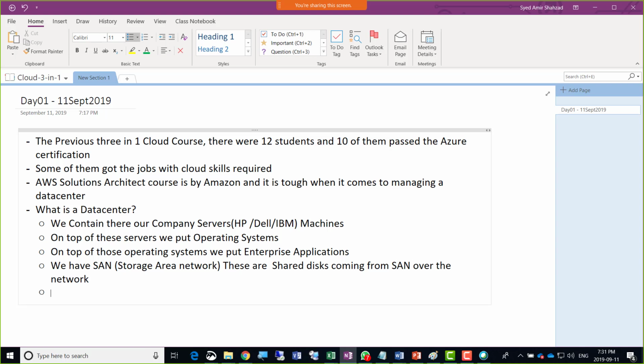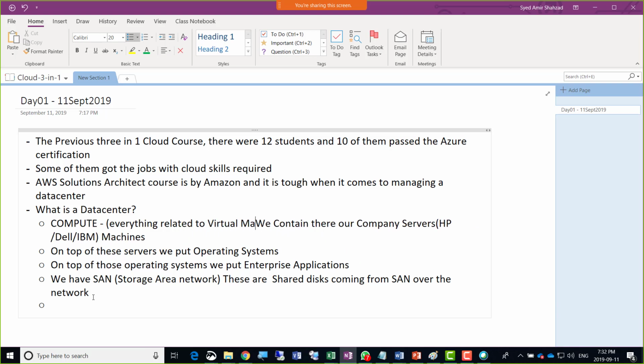So in a data center, we have virtual machines, and then SAN storage. If I try to say that this is compute, which is all virtual machines, everything related to virtual machines, then there is storage.